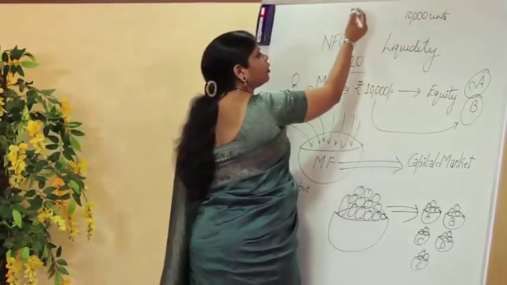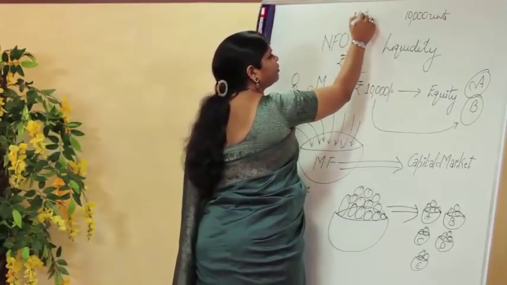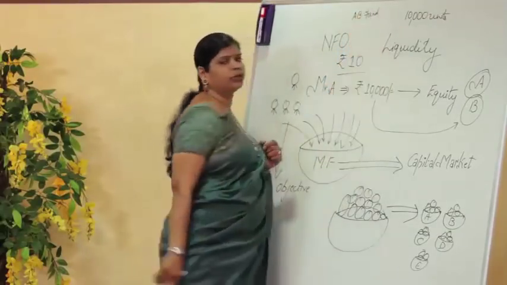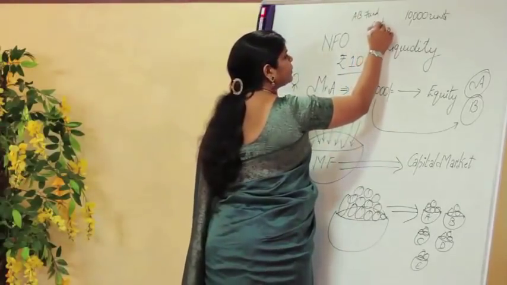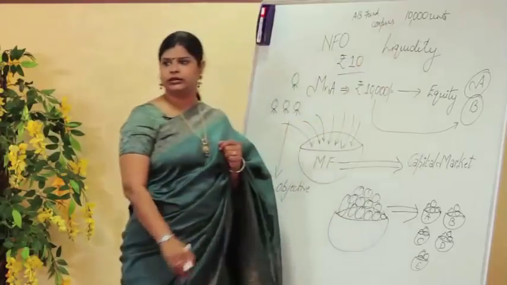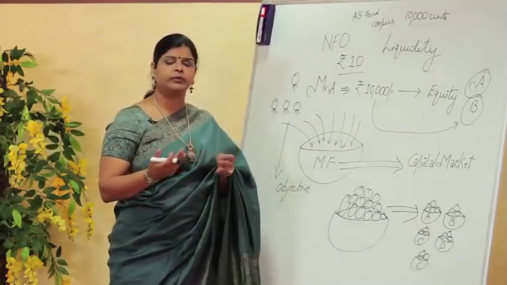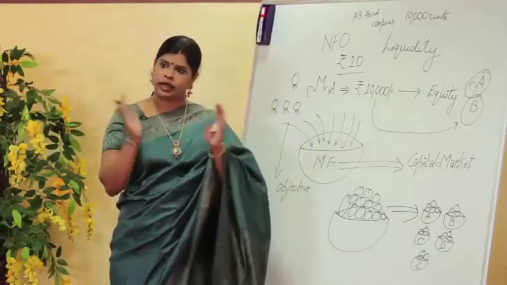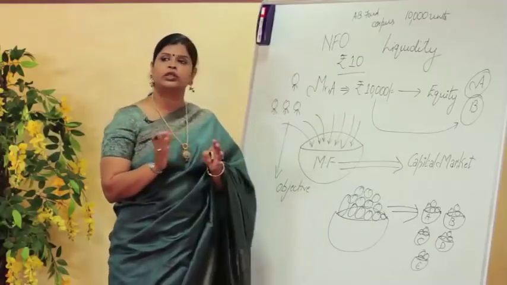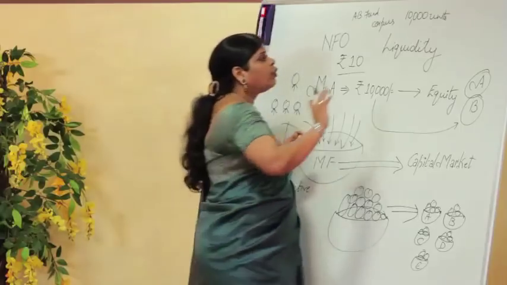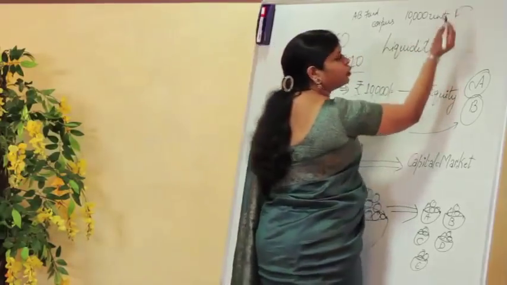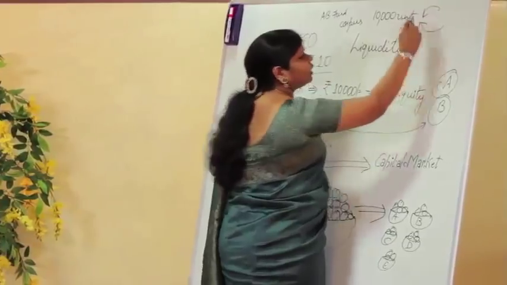So the corpus of AB fund, let us give a name to a fund, AB fund has a corpus of 10,000 units. Now what happens is, as the NAV keeps on changing, the number of units existing in the corpus will also change. When the corpus changes, there might be 10 new buyers, there might be 20 new sellers.